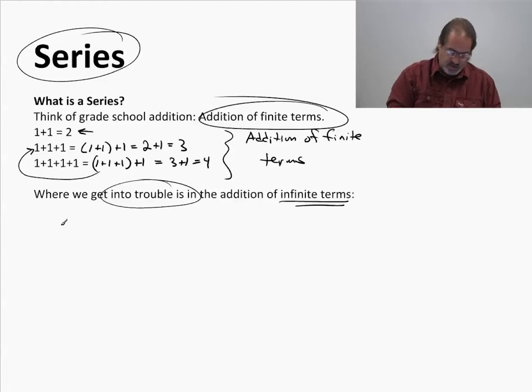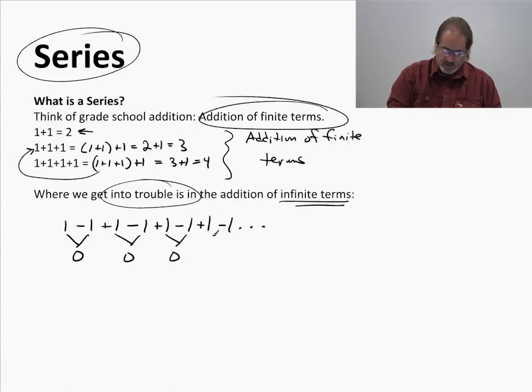Okay, so just consider a sequence that looks like 1 minus 1 plus 1 minus 1 plus 1 minus 1, and so forth. I'm going to add these up, and this goes out to infinity. Well, pretty clear that 1 minus 1 is 0. 1 again minus 1 is 0. 1 again minus 1 is 0.